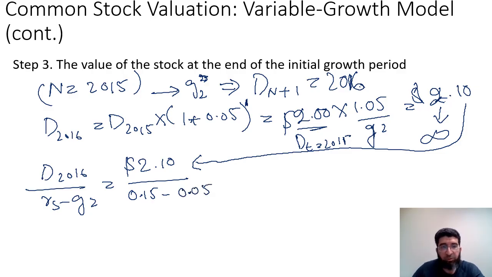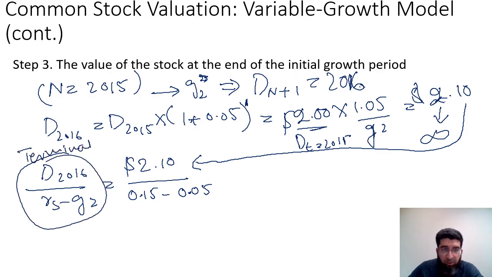So we incorporate the growth rate here. This is calculating the terminal value, because this will be calculated based on the cash flows received forever, for infinity. So this will be the price, or P_n. This gives us $21.